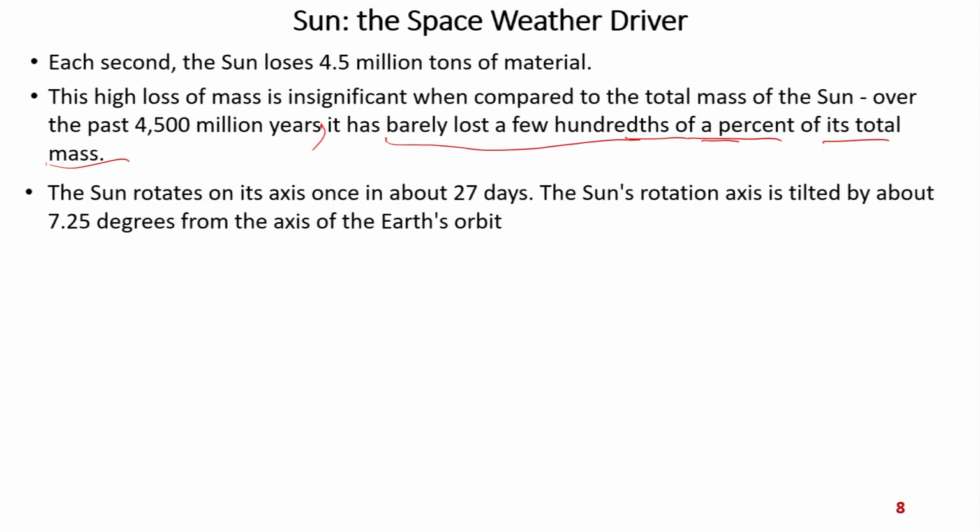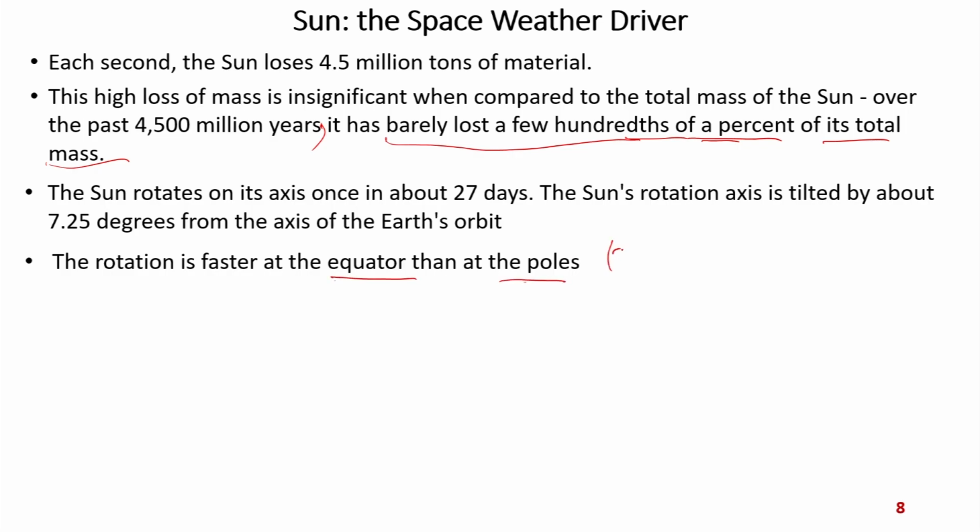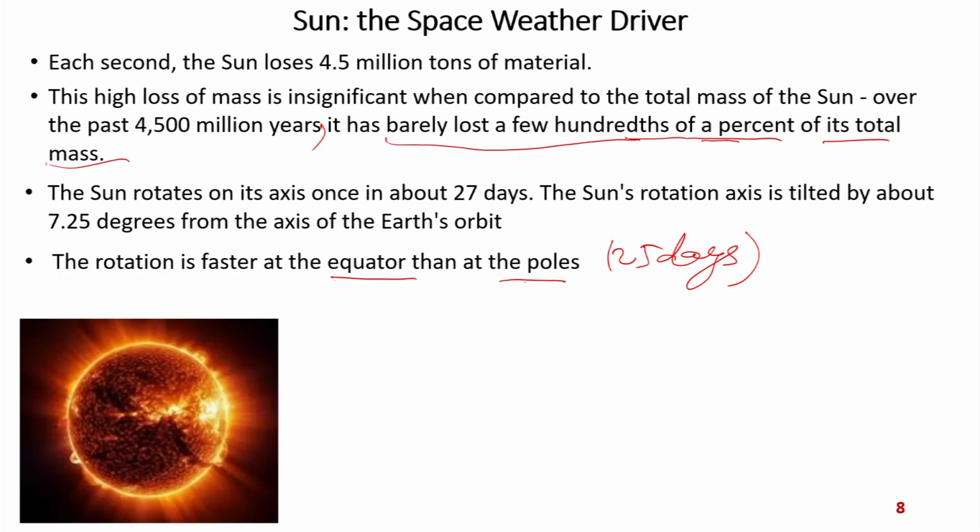The sun's rotation axis is tilted by about 7.25 degrees from the axis of the earth's orbit, and this rotation period is not uniform. The sun rotates faster at the equator than at the pole. So, here it is 25 days. This is called the differential rotation, and for that there are some phenomena that happen, which we will explain subsequently.